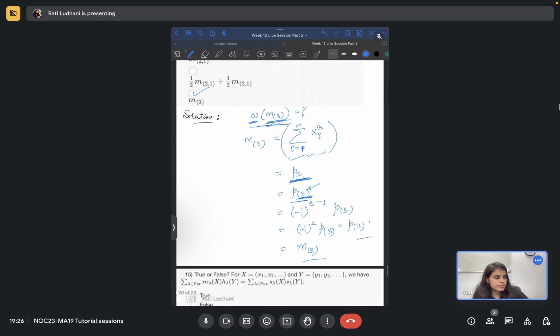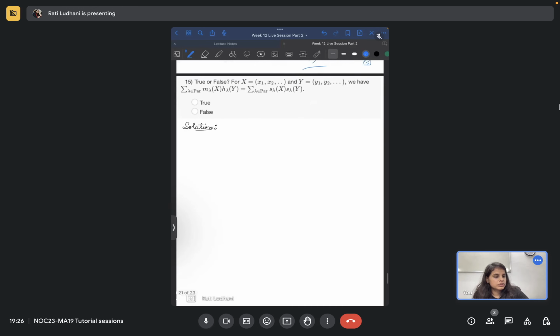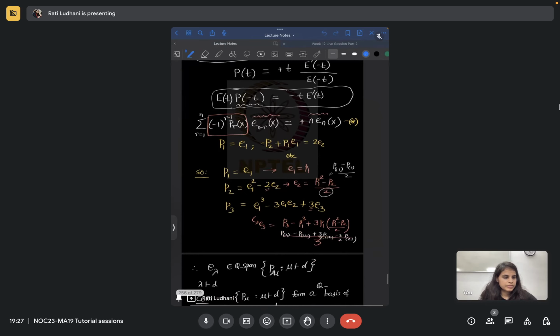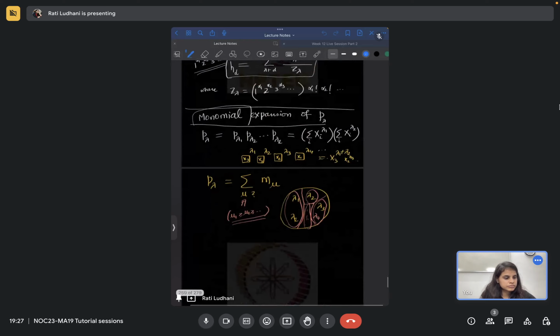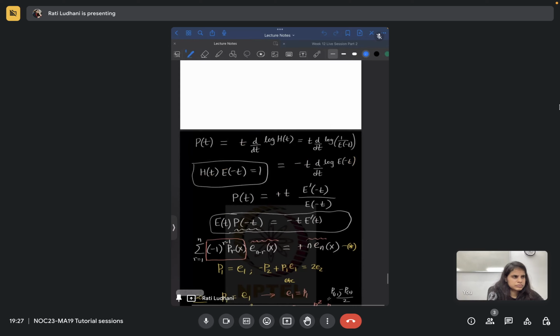Okay, let's see the next question then. True or false? For x equal to this and y equal to this, do we have this expression equal to this expression? Yes, ma'am. Because S lambda of x is equal to the expansion, summation of k lambda mu into m mu.